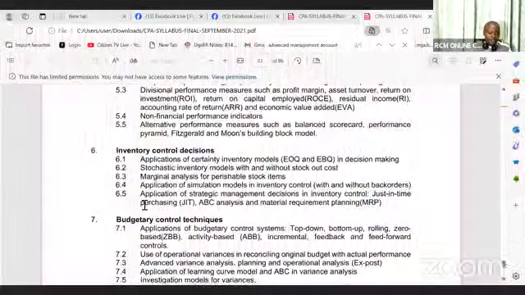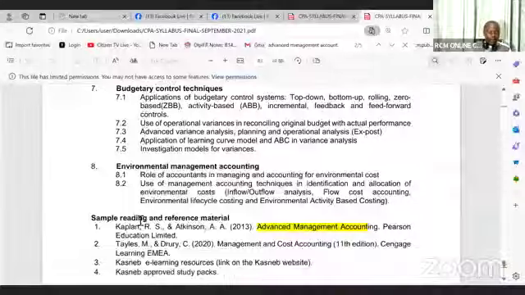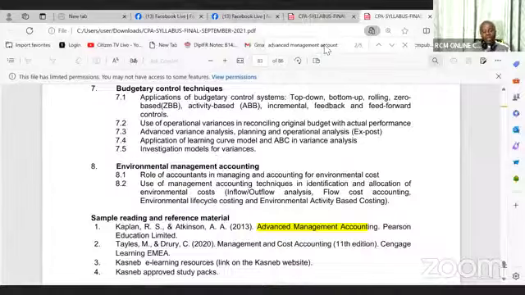Ladies and gentlemen, from there, we have variances. Of course, we have the last one here, which is environmental management accounting. Under EMA, right now, things are becoming too hot.